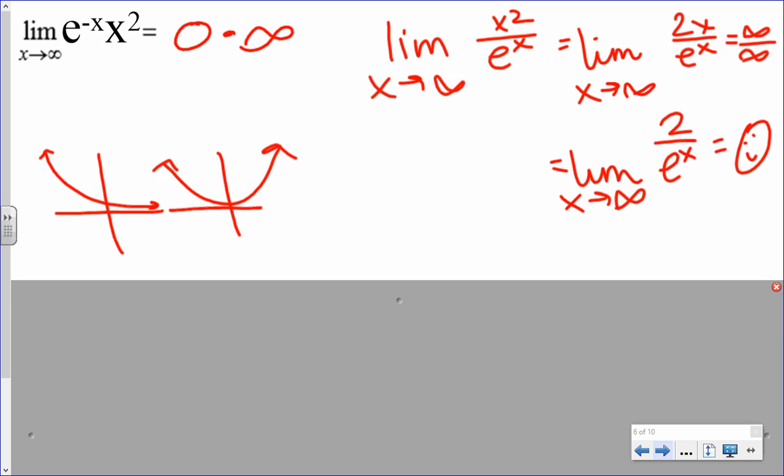When we do it on the test, you want us to show L'Hopital's rule every time? Yes, just so I can follow your work. I had a student who would draw an ambulance every time he did L'Hopital's rule.